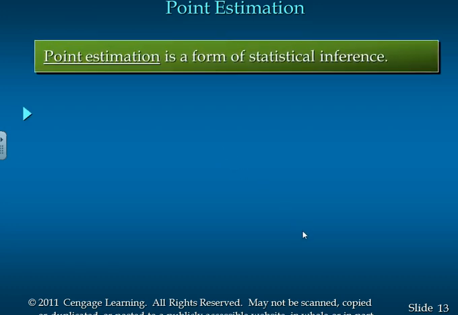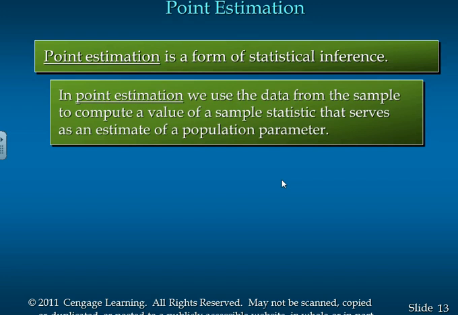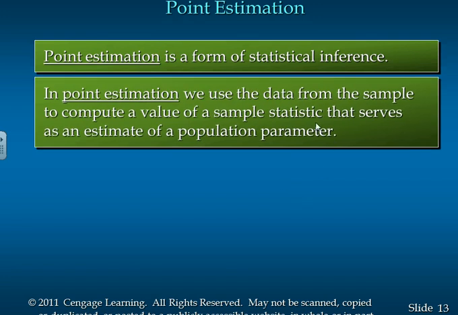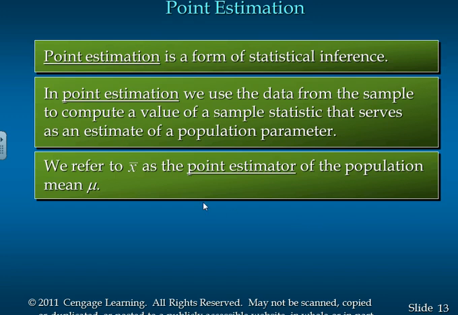Point estimation is a statistical inference. You use the data from a sample to compute a value that serves our particular interest. It might be the mean, it might be the mode, whatever, but it's a point estimation. We refer to X bar as the point estimator for the population mean mu.